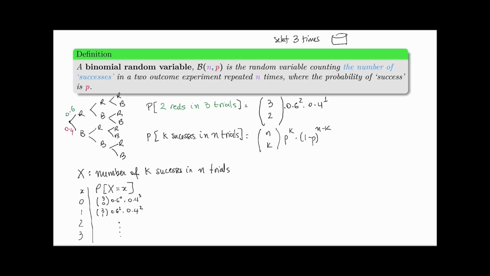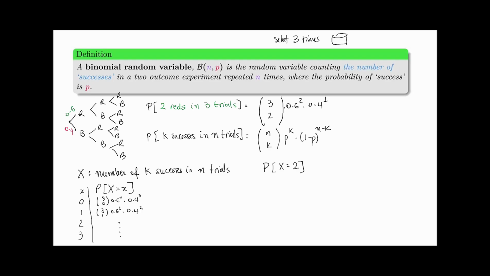So you can see that this is actually a random variable using the formula that we already know. And so now you don't need to write P of 2 reds in 3 trials. You could actually write P of x equal to 2, okay?